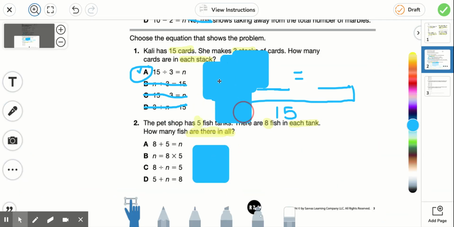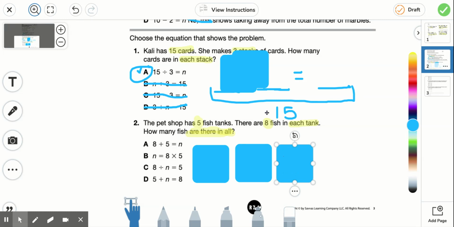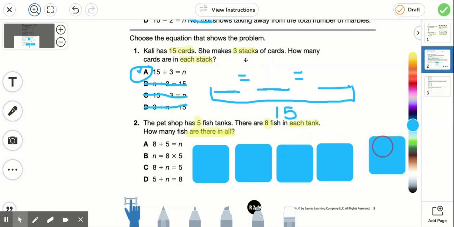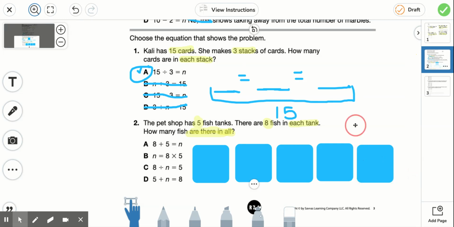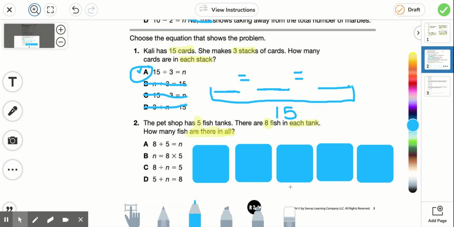There's 1 fish tank, 2 fish tanks. Oops, sorry, fish tank. I made it small. 3 fish tanks, 4 fish tanks, and 5 fish tanks. And in each of these fish tanks, it says that there are 8 fish. So in this one, and there's 8, 8, 8, 8, and 8.